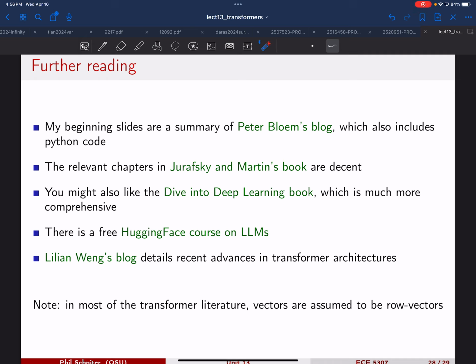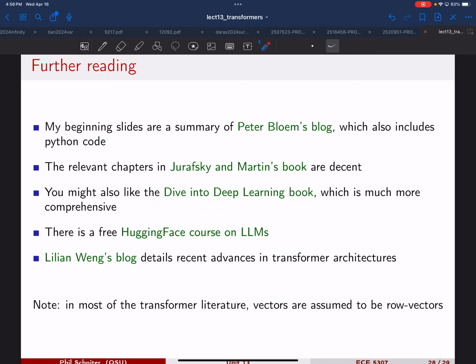This is a book that's free somewhere. I found this linked on the internet, and I thought that they did a pretty good job of explaining the ideas. This book here is on our syllabus, one of the optional ones. This is a much bigger book. It has a lot more details about all the different topics. It also has code in PyTorch and TensorFlow and JAX.